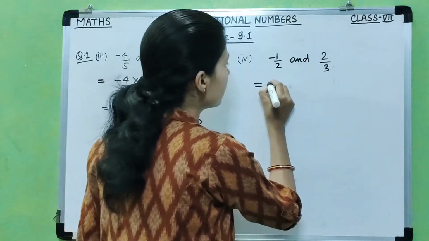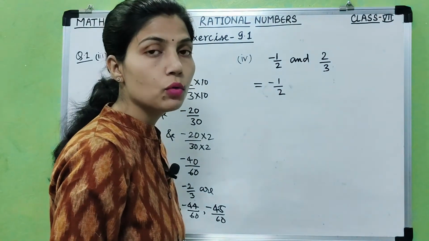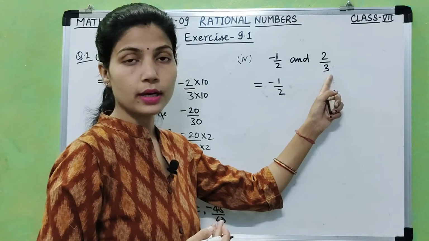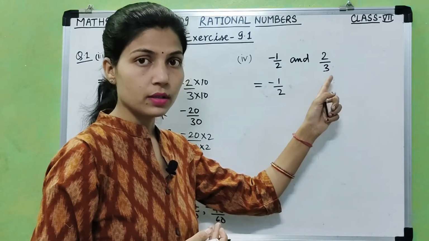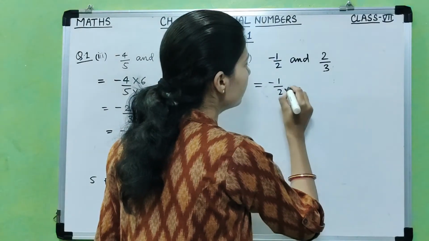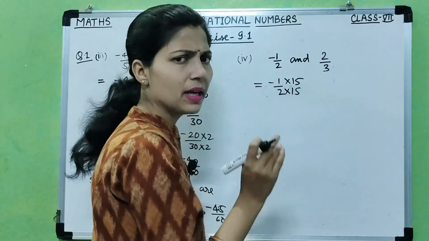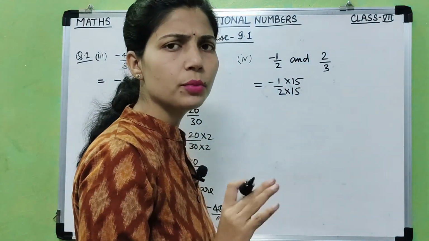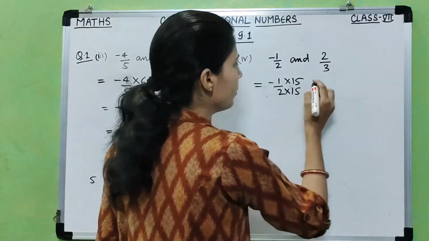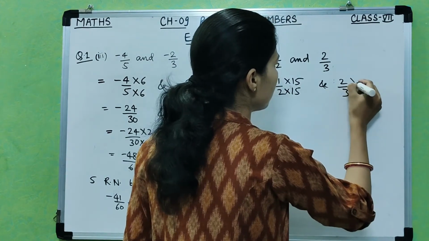See, -1/2: if we multiply -1/2 by 15, we will get 30 in the denominator, and we all know that 30 is the multiple of 3, 10 times. Okay, so here we will multiply by 15. We have to multiply by the number by which both denominators become the same, meaning these become like rational numbers. Okay, here it is 2/3, so 3 you are multiplying by 10.